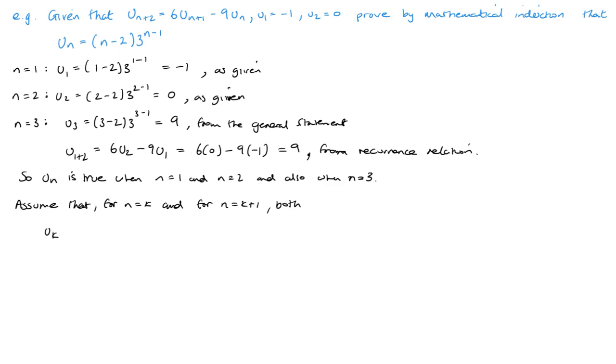So we've got u k is going to be k minus 2 times by 3 to the k minus 1, and u k plus 1 was k plus 1 minus 2 times by 3 to the k plus 1 minus 1. This is k minus 1 and 3 to the power k there.